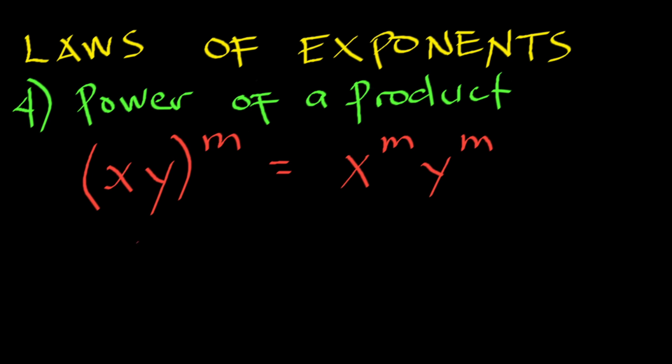So we have xy quantity raised to m. And then we have x raised to m, y raised to m. For example, we have xy raised to the fifth will give us x to the fifth, y to the fifth.